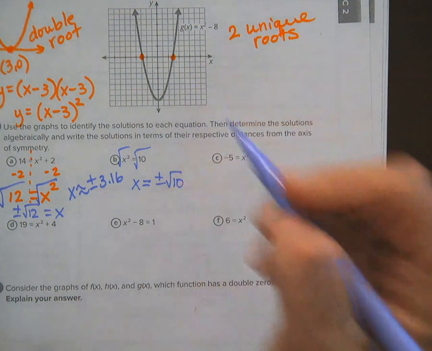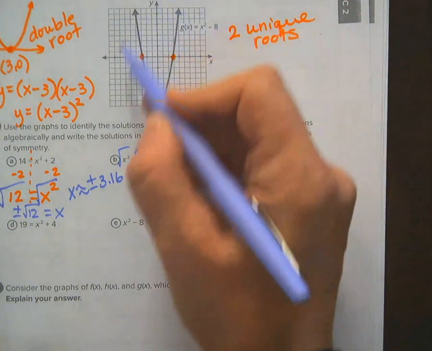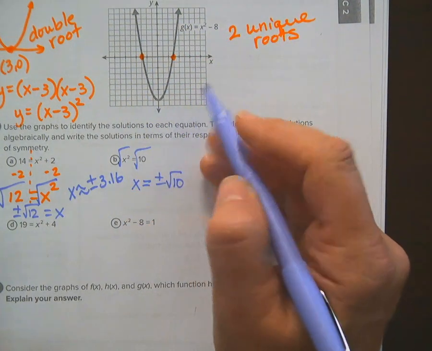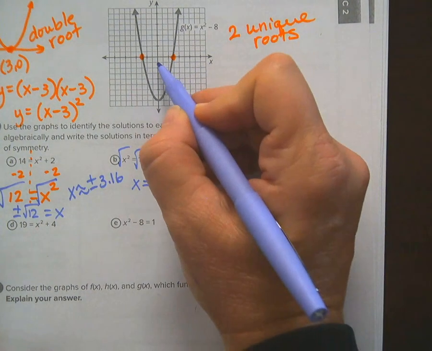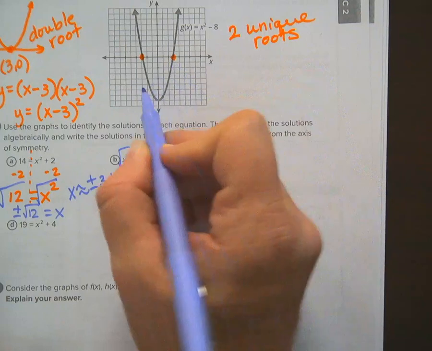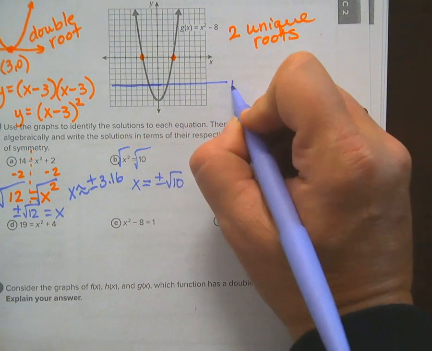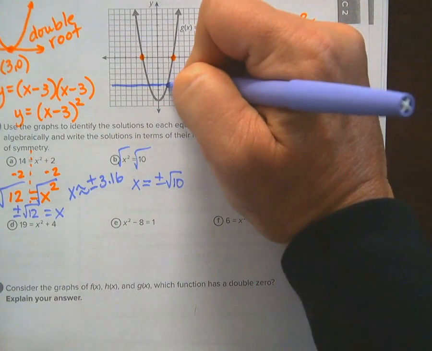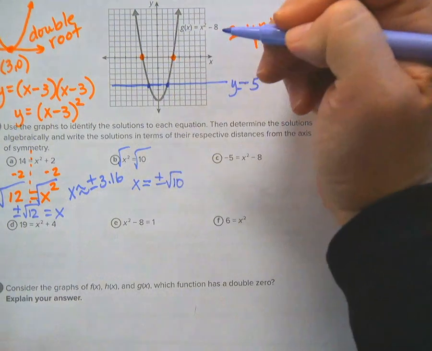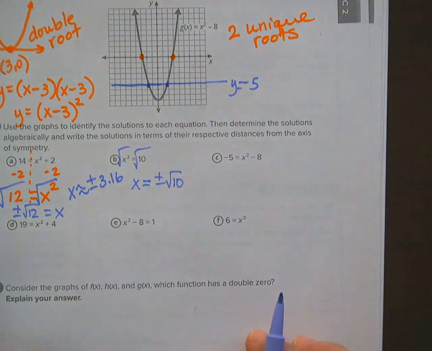You use the bottom, the purple one. Yep, we use this one. And what are we going to draw on this graph? A horizontal line at negative 5. And where does it intersect this graph? Close to 2 and negative 2?